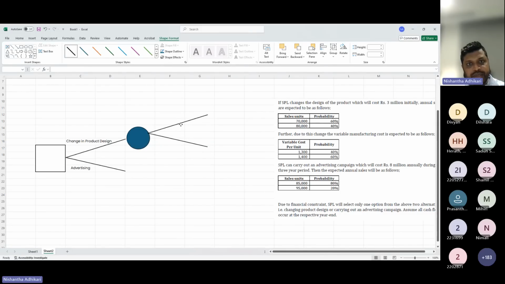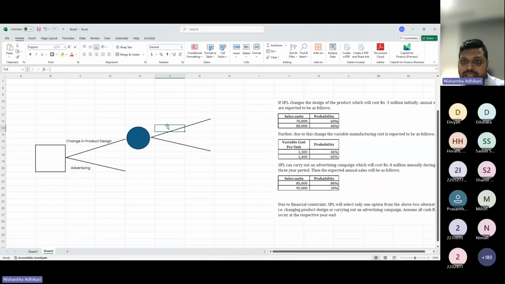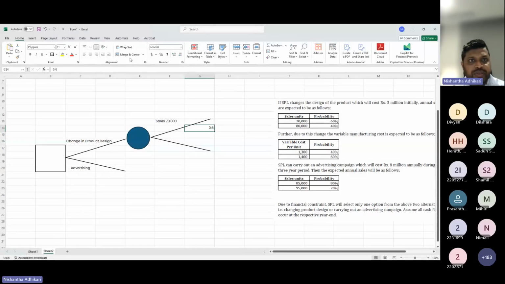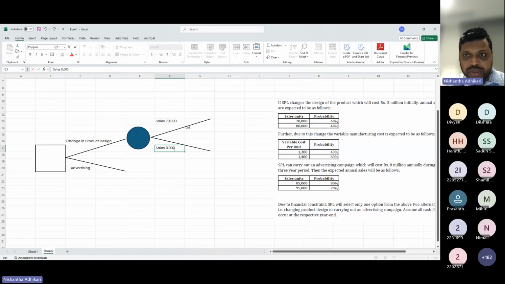Sales 70,000 with the probability of 60%, I'll say 0.6. Other one, sales 80,000, then probability 40%.